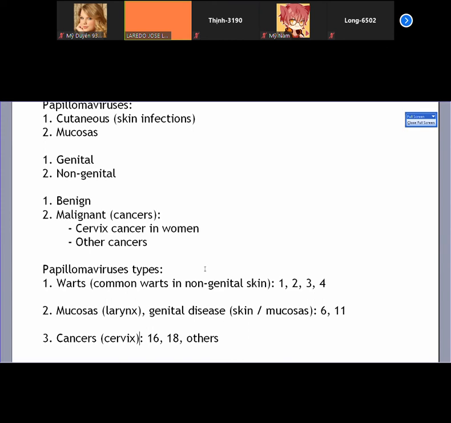I told you that the most important problem of papillomaviruses is cervix cancer in women, but sometimes men can also suffer cancers in the penis, in the anus, in the larynx. Not common, but also possible. The most common is cervix cancer, but not the only one.